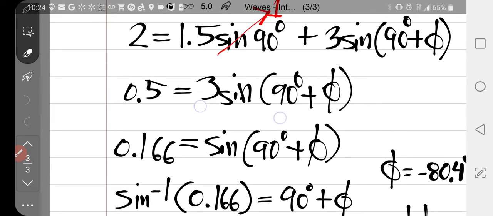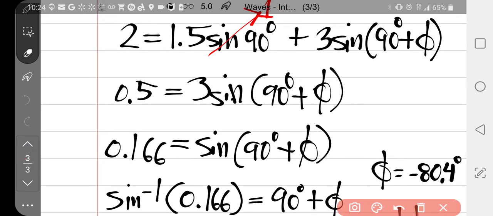So we do a little algebra here. We bring the 1.5 to the left-hand side. You subtract 1.5 on both sides, and you get 0.5, and you're left with this. Then the next step, we divide both sides by 3, and after we do that, we get 0.166.